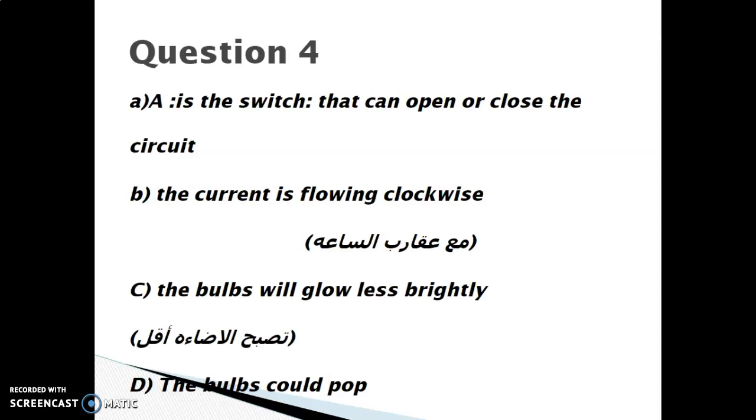D. If you added two more 1.5 volt cells, what could happen to the bulbs? The bulbs could pop, because we use more cells for the bulbs.